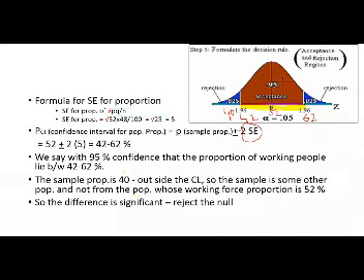So the sample proportion is 40. This is outside the confidence limits. And so the sample is from some other population and not from the population whose working force is 52%. So the difference is significant. We reject the null hypothesis.